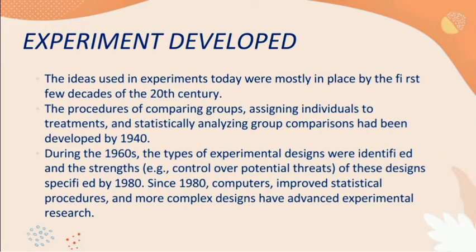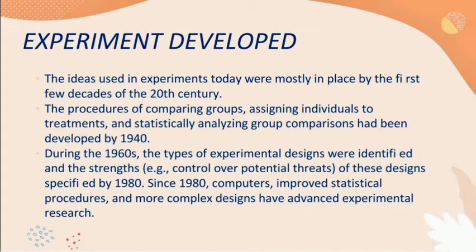So, when the experiments developed, the ideas used in experiments today were mostly in place by the first few decades of the 20th century. The procedures of comparing groups, assigning individuals to the treatments, and statistically analyzing group comparison had been developed by 1940.